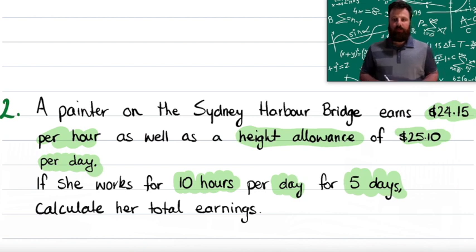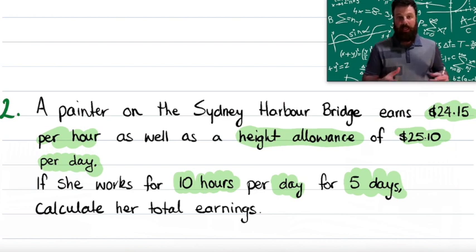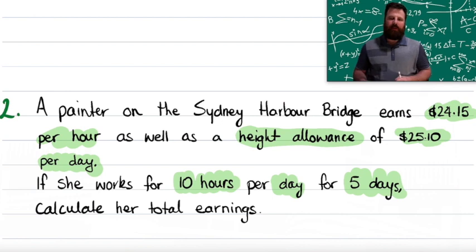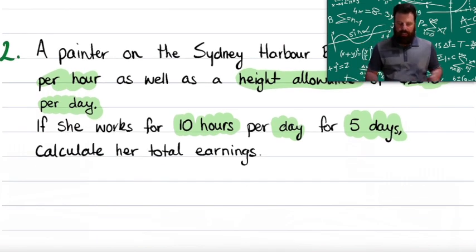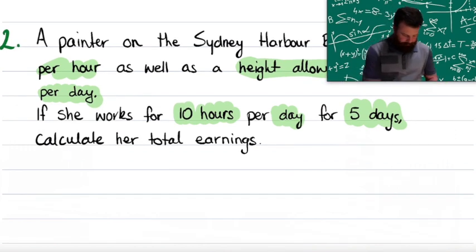Again, I'm just going to put things in brackets. In one set of brackets I'll put her normal pay for one day, multiply that by 5, and then add $25.10 times 5 for her allowance.